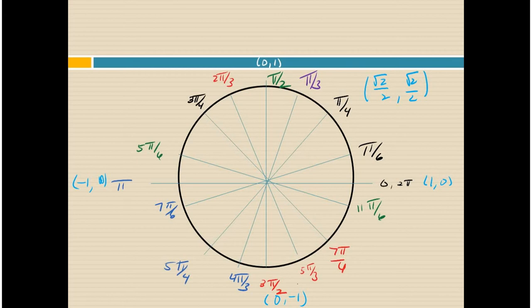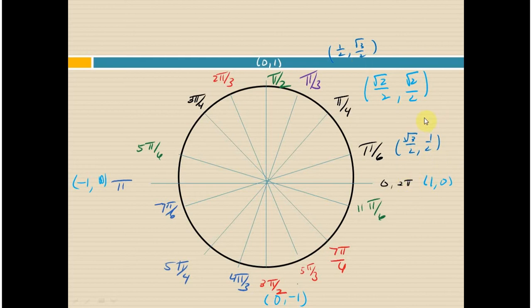One of the things you could do is just plug in cosine pi over 4 onto your calculator, and you'll get a number around 0.7. And either you can remember that that number is square root of 2 over 2, or you can just punch square root of 2 over 2 into your calculator and check that they're the same thing. It's got to be either 1/2, square root of 2 over 2, or square root of 3 over 2. So you can play around and numerically experiment till you get it correct.